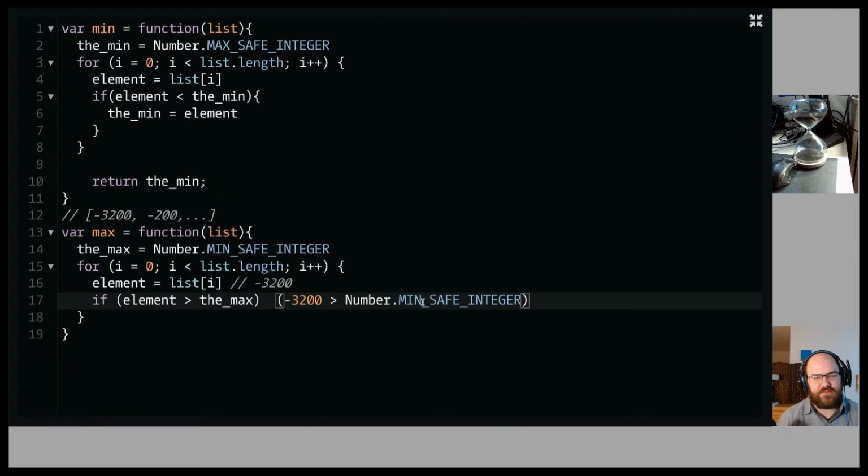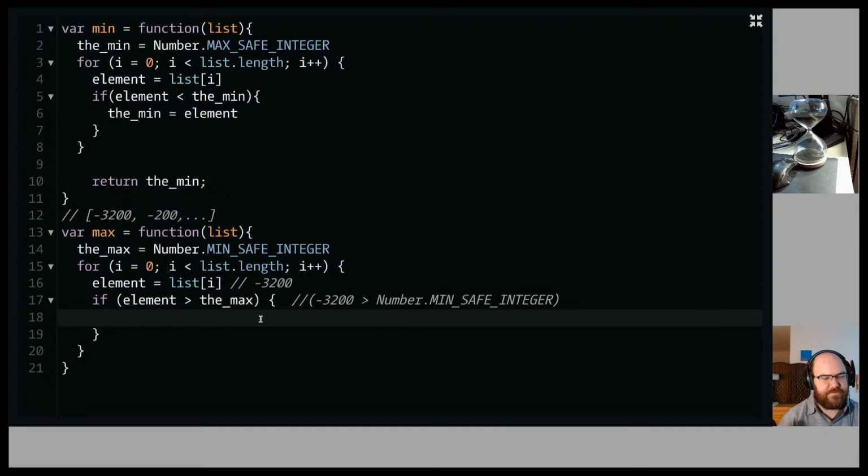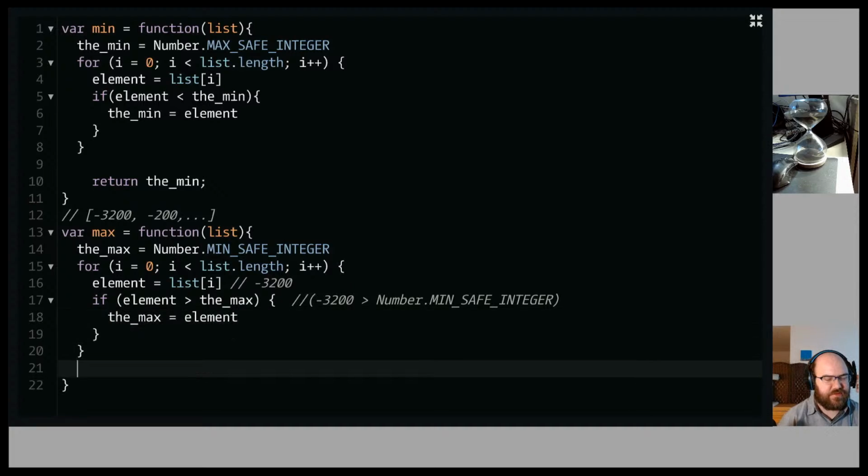I think it's around like minus 2 million, or is it 2 billion? The idea is it's a significantly large negative number. So minus 3200 is going to be greater, and comment that out. So now we have a new maximum. We say the max equals element, and at the end of that for loop we just return the max.